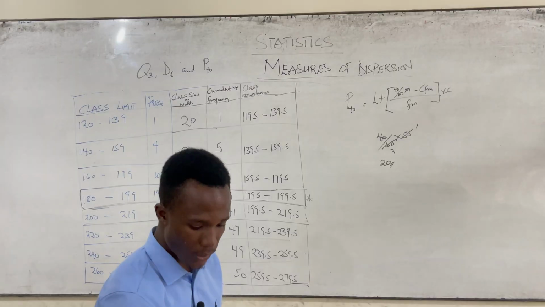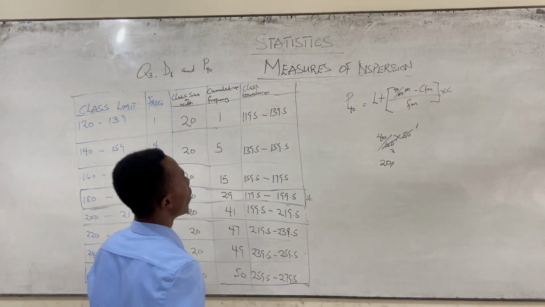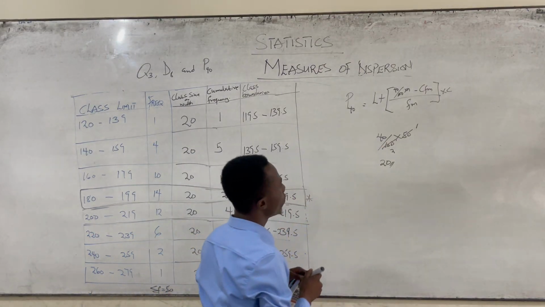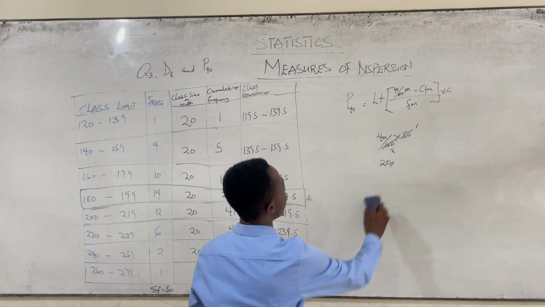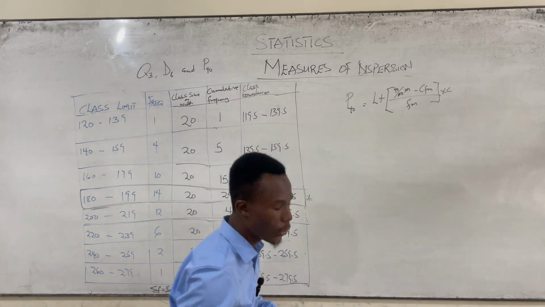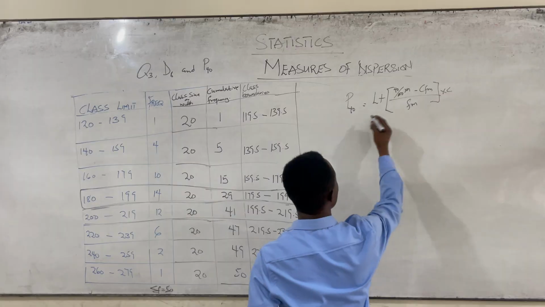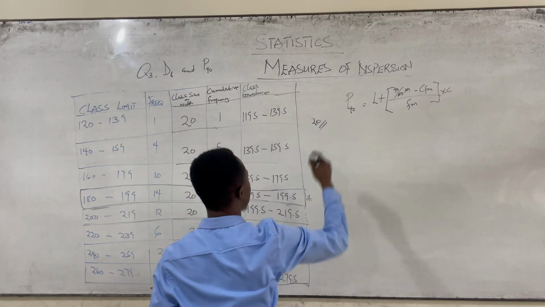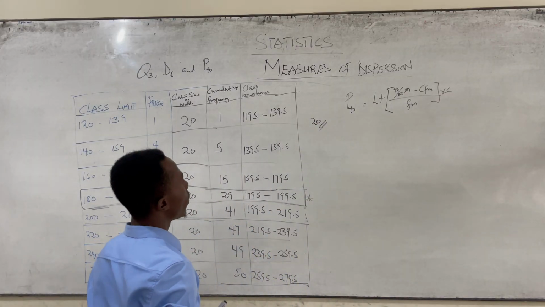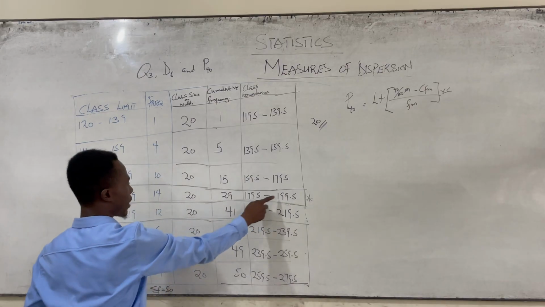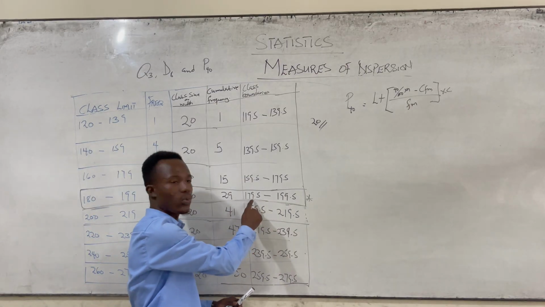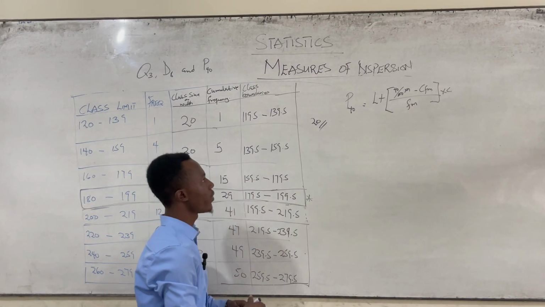Okay, now we have the formula to be L plus 40 over 100, and we know the 40 over 100 times N is 20. L is the lower class boundary of the class, so this is the lower class boundary of the class, 179.5, right?